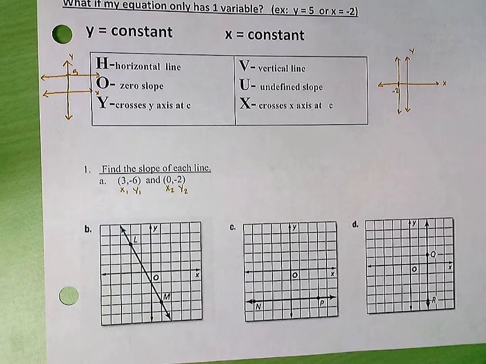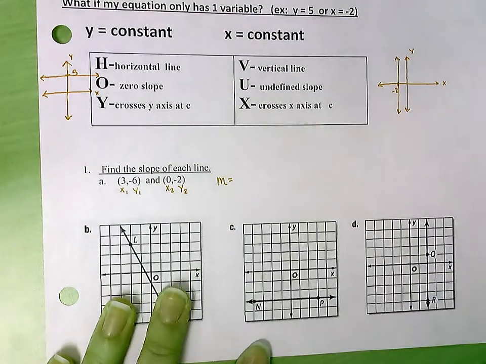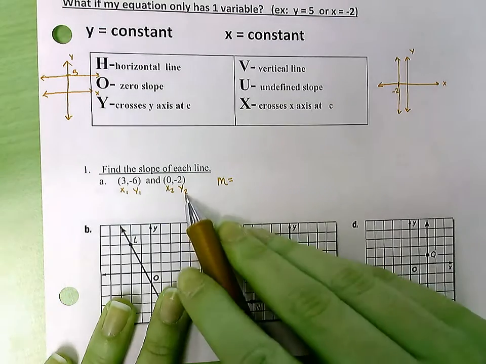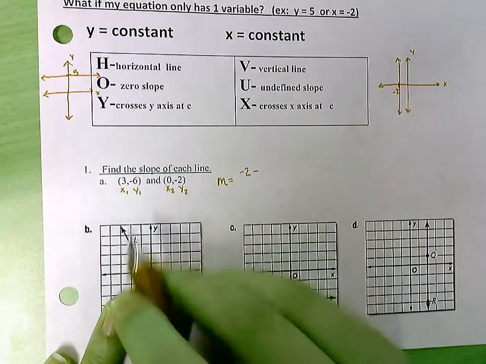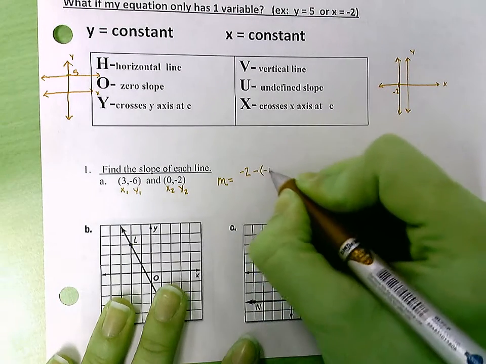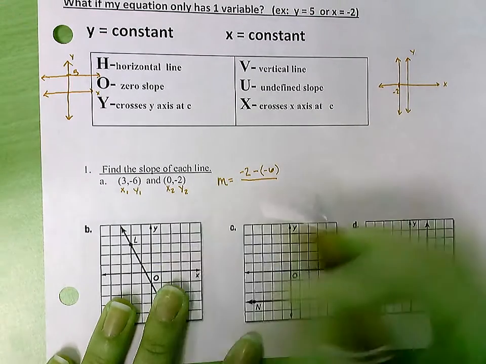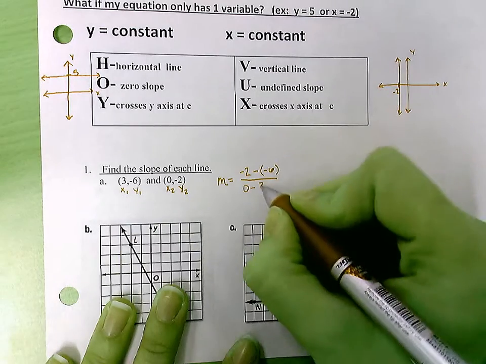Then I can plug those values into the formula above. My slope, we use m, is equal to y sub 2 is negative 2 minus y sub 1 is negative 6, all over x sub 2 is 0 minus x sub 1 is 3.